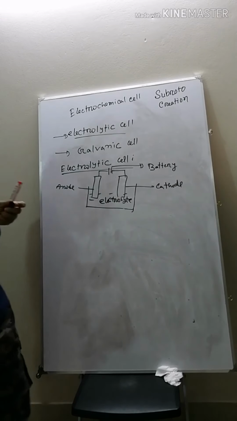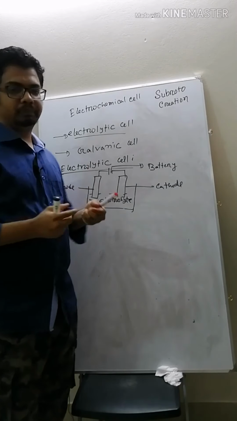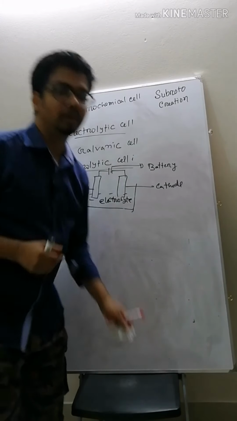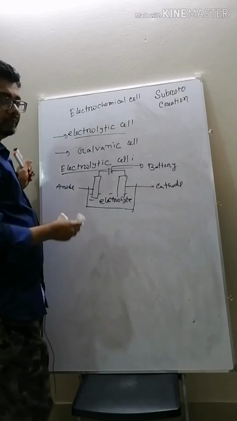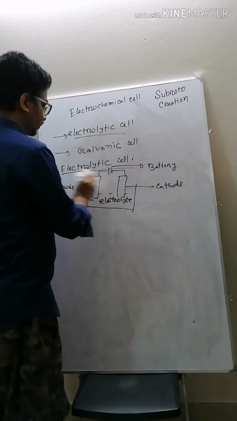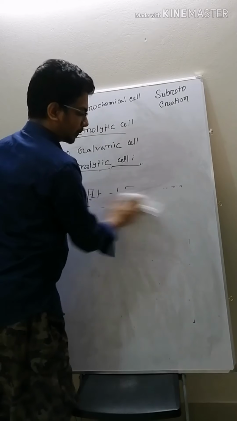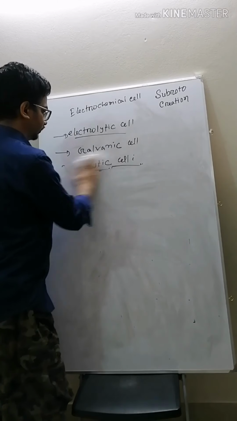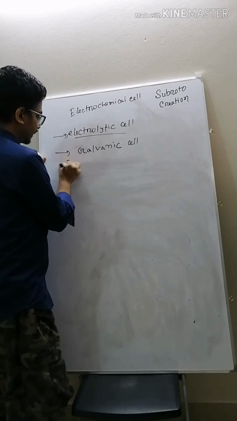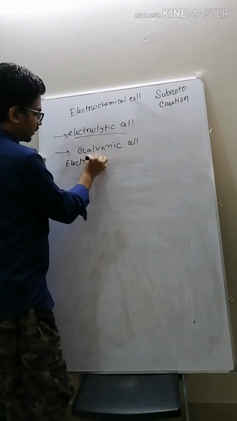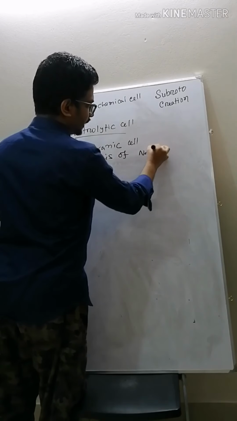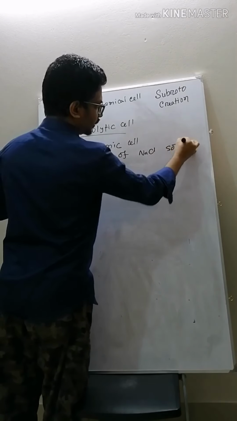Okay, now we talk about electrolysis of sodium chloride solution. It's an example of electrolytic cell. Electrolysis of sodium chloride solution.